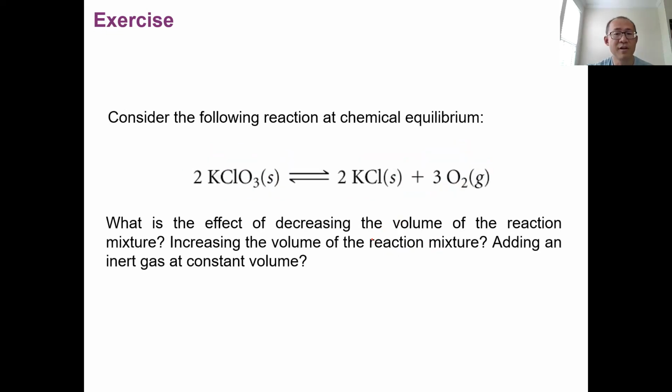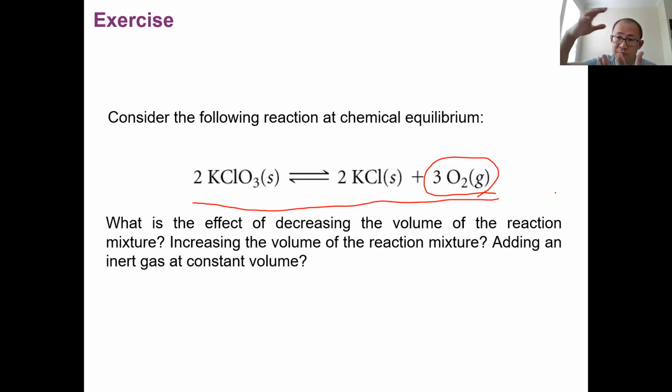Okay, this one, what is the effect of decreasing the volume? You can see that this reaction is very similar to the previous one. You only have one gas on the right side of the arrow, at the product. So you decrease the volume, which means making it more crowded. The reaction tends to go to a direction with fewer moles of gas. How do we produce less gas?